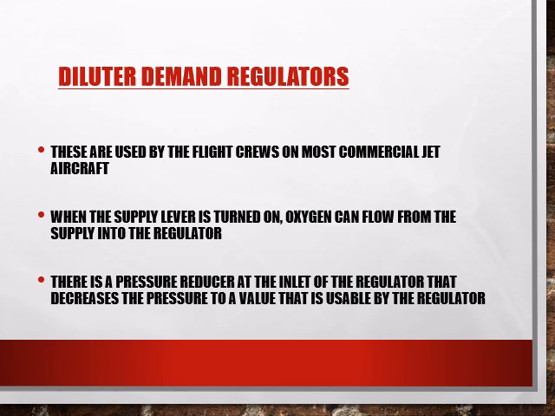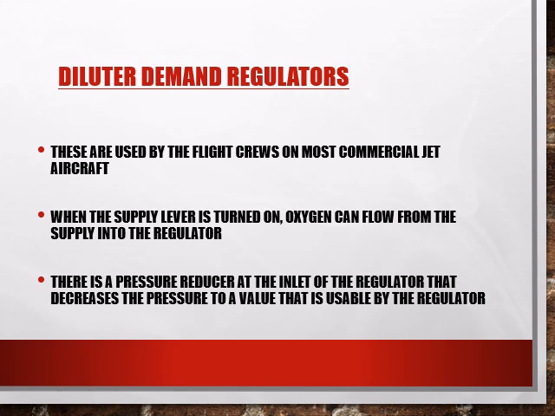Above 25,000 feet, the rebreather mask can't keep the oxygen percentage high enough to keep the pilot safe. Aircraft that operate above 25,000 feet and up to 40,000 feet use a diluter demand oxygen system. This system uses a face-tight seal to ensure cabin air doesn't unintentionally mix into the mask.